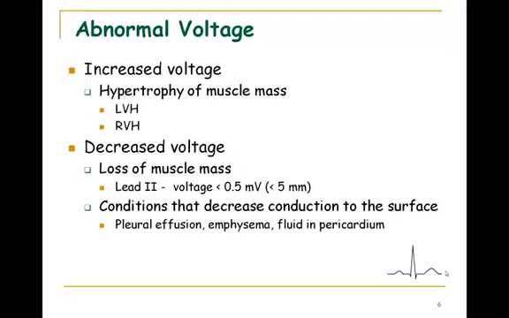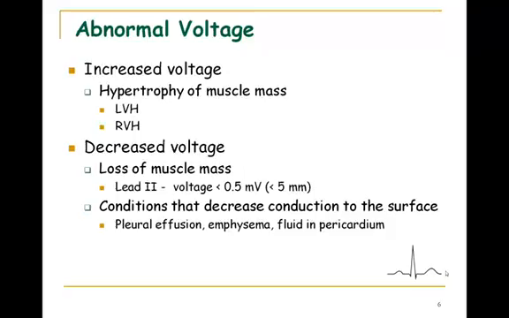What would constitute high voltage is, in lead 2, which is a good way to look at it, the overall voltage of your QRS complex shouldn't be more than 2 to 2.5 millivolts. That would correspond, if you were measuring it instead in millimeters, to 20 to 25 millimeters.